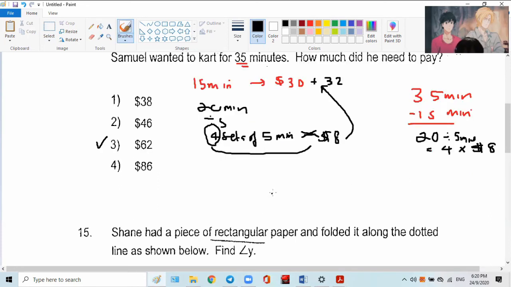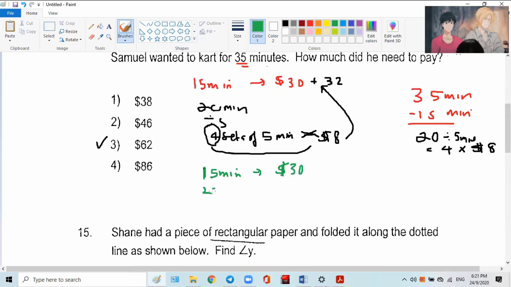If you don't understand, maybe I do it this way for you. I recap for those who don't understand all this multiplication. Never mind, you do it a bit longer. You write the first 15 minutes, you pay $30.